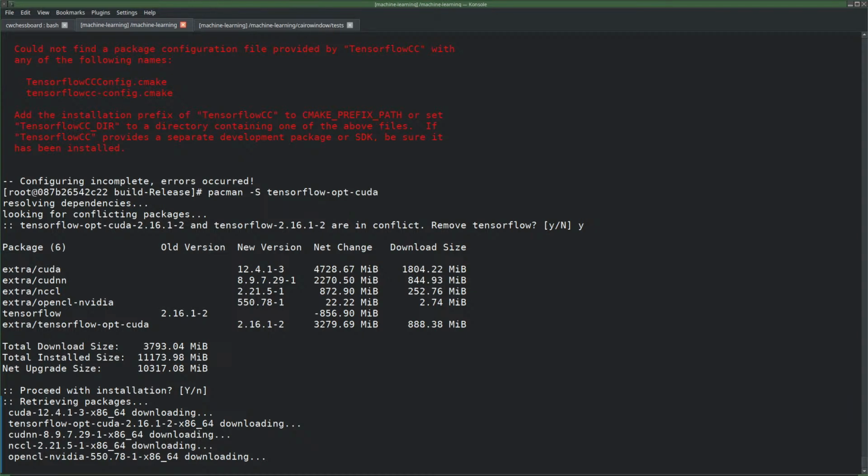You think the NVIDIA accelerated TensorFlow is going to work inside Docker? Oh, no, it's downloading CUDA. Okay, we'll be back next week.